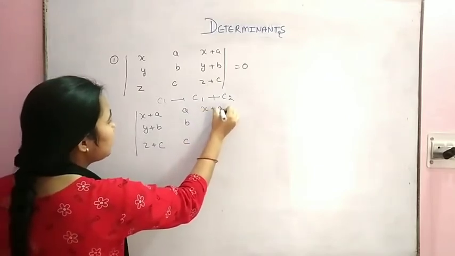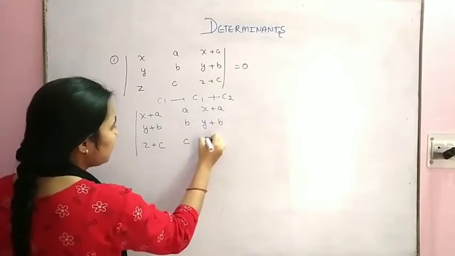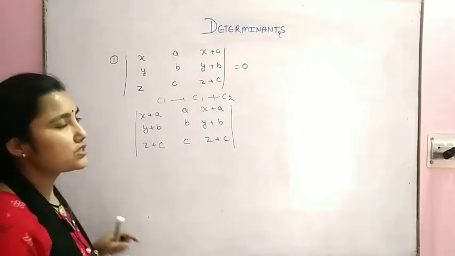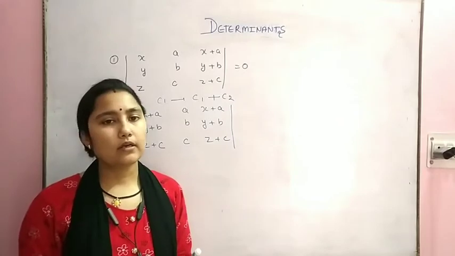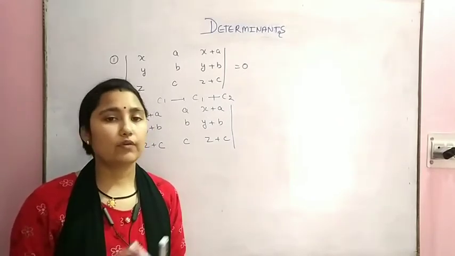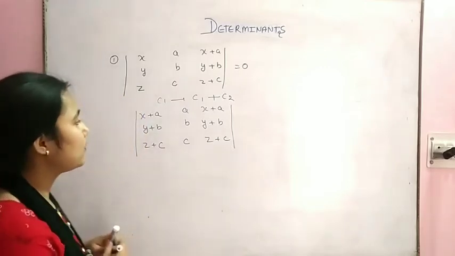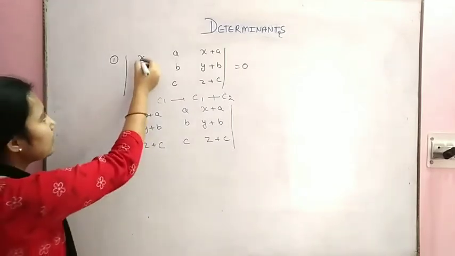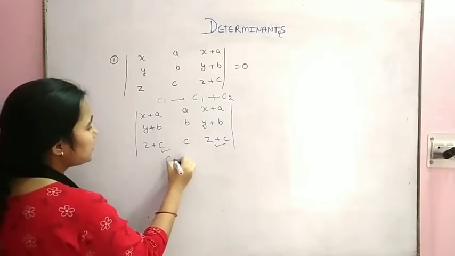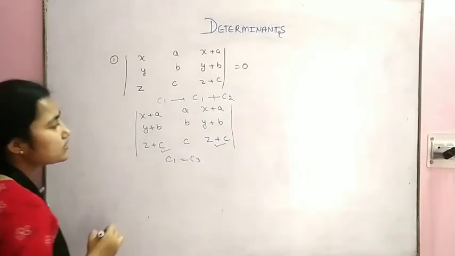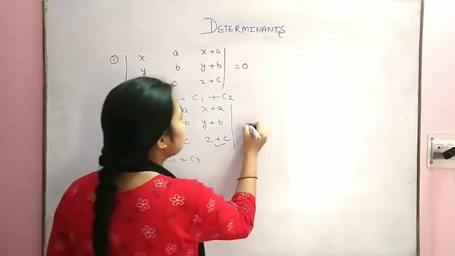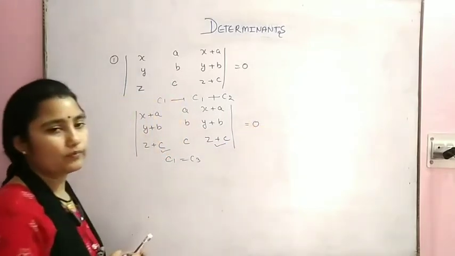In the case of a determinant, we can apply transformations on rows and columns simultaneously, but in the case of a matrix, we can use only one type of transformation at a time. So here we can see C1 equals C3. That means two columns are identical, so the value of the determinant is equal to 0.